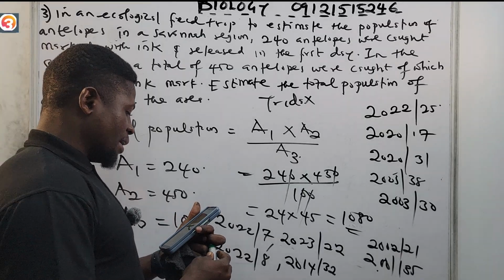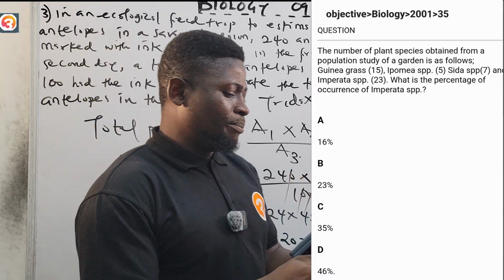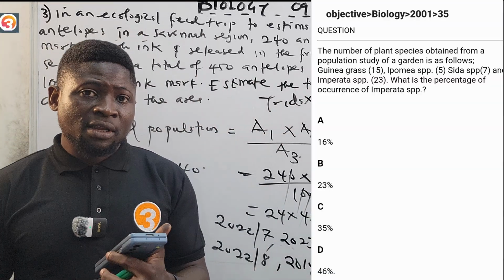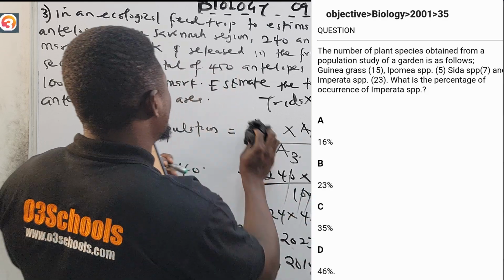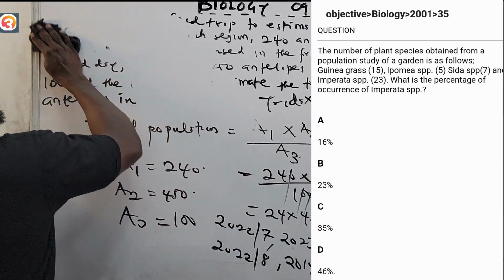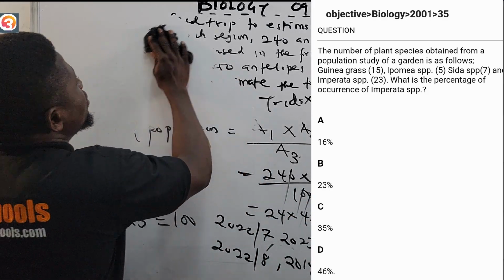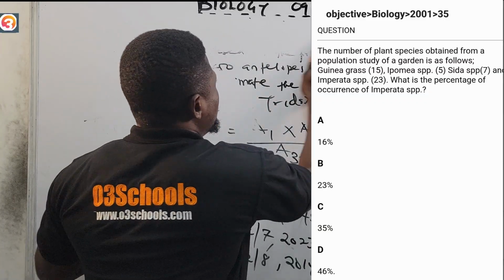Okay, so we're asked about percentage occurrence. In fact, let us answer this 2001 number 35 before we go quickly. Okay, sorry about that. It's a calculation question, but it's very easy.